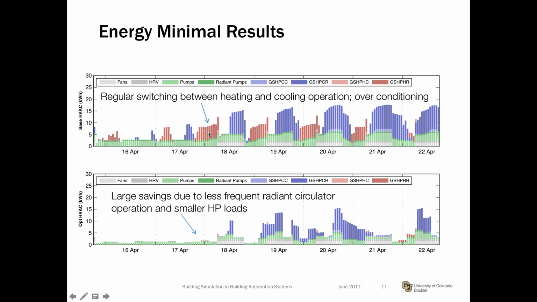You can see in the base case control we have significant switching between heating and cooling in alternating fashion, and it doesn't take much imagination to realize that that is a problem that is found in many conditioned buildings, especially during the transition time periods of the fall and the spring, where exactly that type of alternation between heating and cooling is observed. The optimizer for this very week uses the circulators less and has much smaller heat pump loads, and you can see there's a little bit of cooling required, but not more.